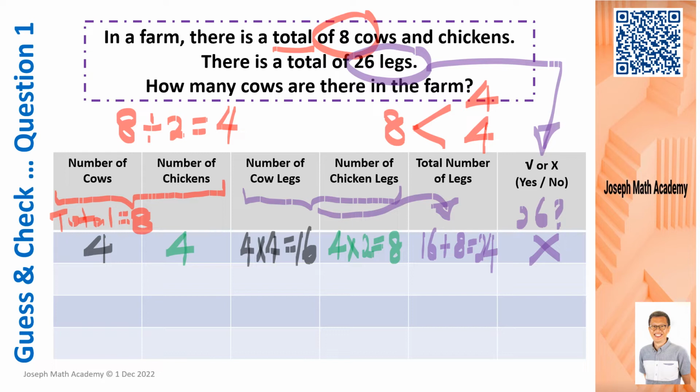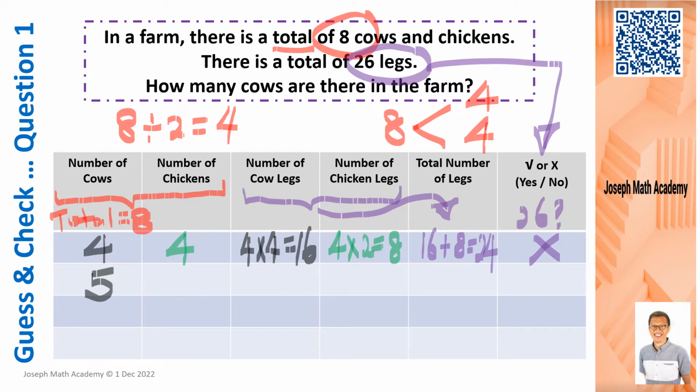To increase the number of legs, based on common sense logic, we should increase the number of cows in the farm. So instead of having 4 cows, we will increase by 1 more cow. We'll have 5 cows instead, so that this extra cow will bring up the total legs closer to 26, the expected total value.